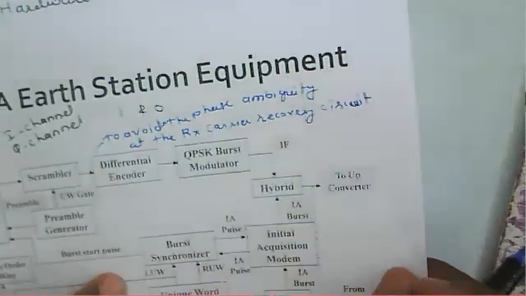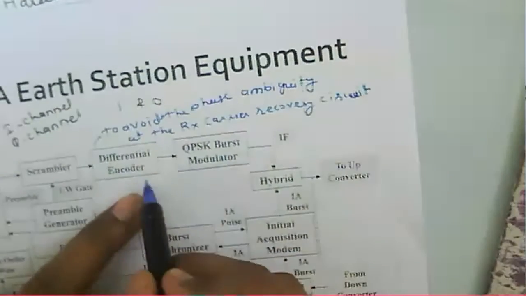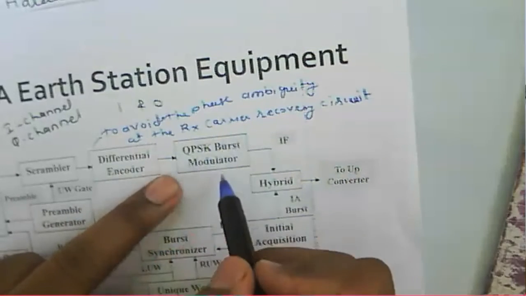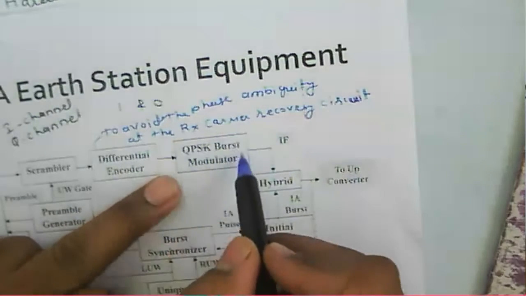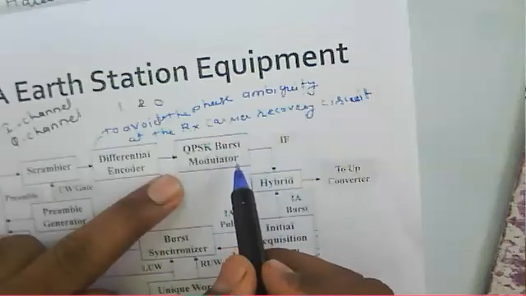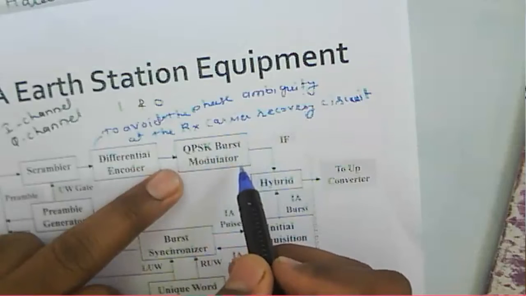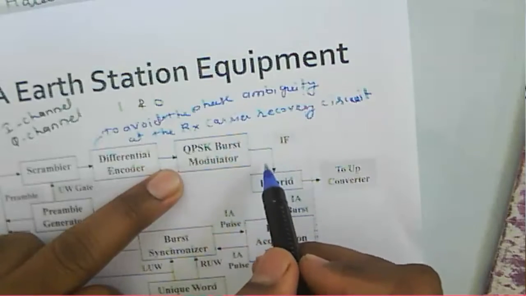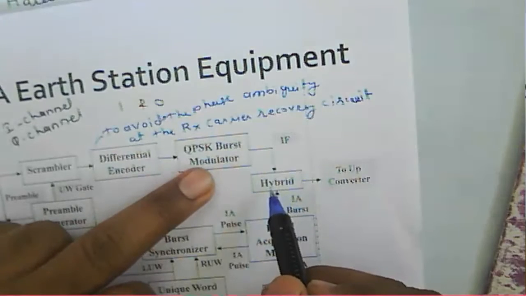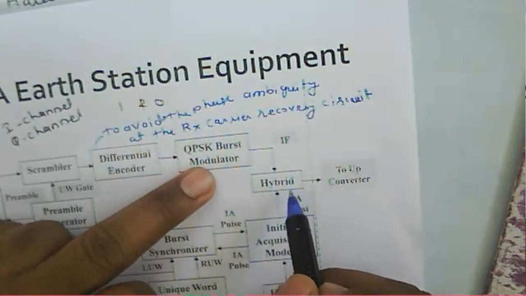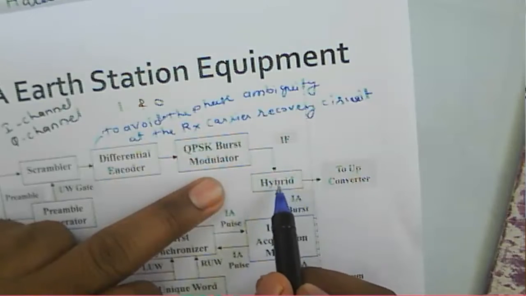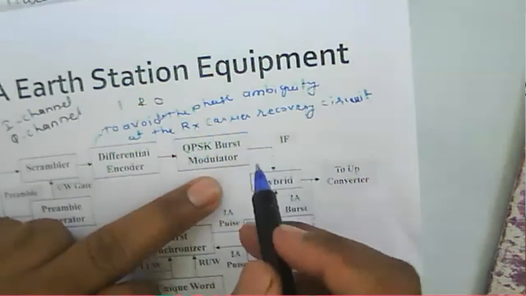So now after that, it will transmit that encoded output to the modulator. It is a QPSK modulator, and after modulation, the modulated IF signal is generated, and that signal is sent to the hybrid, which combines this particular IF signal.